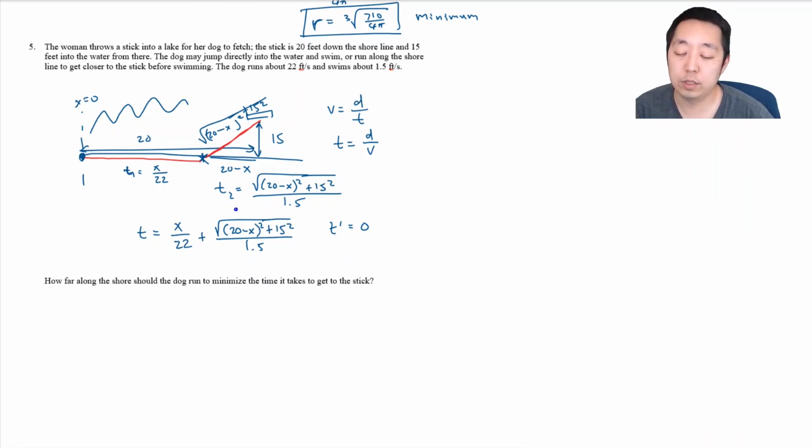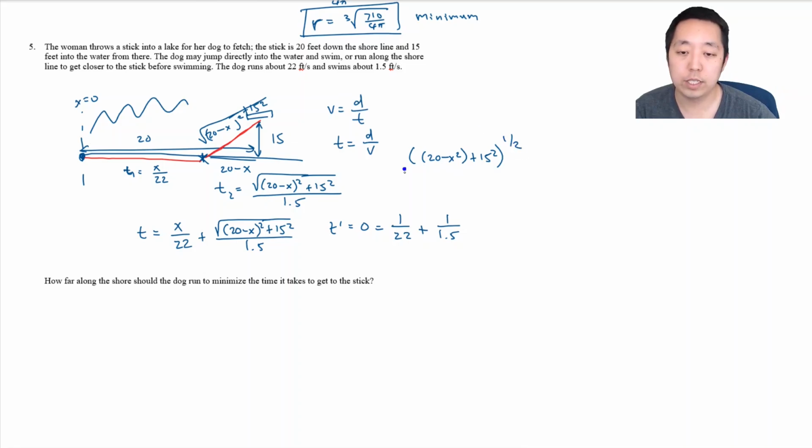That's how I find my critical number here. So t prime is the derivative with respect to x. The x just goes away, so this is 1 over 22, plus 1 over 1.5, which I'm going to bring out, and then you have to be careful here, this is going to be (20 minus x) squared plus 15 squared, to the 1/2.